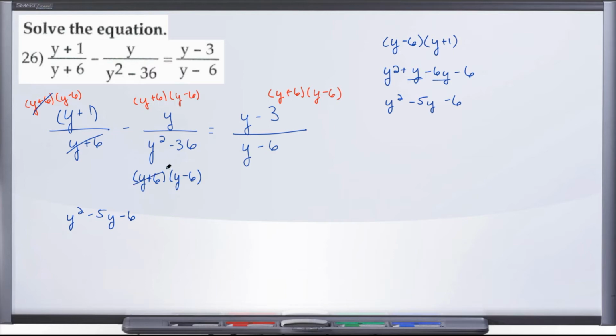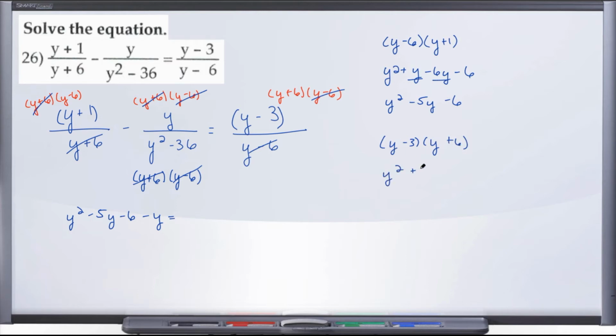And now let's see, y plus 6 cancels, y minus 6 goes away. So we're left with just minus y, our equal sign. Y minus 6, gone. And so we're left with now y minus 3 times y plus 6. So y minus 3, y plus 6. Y times y gives us y squared.